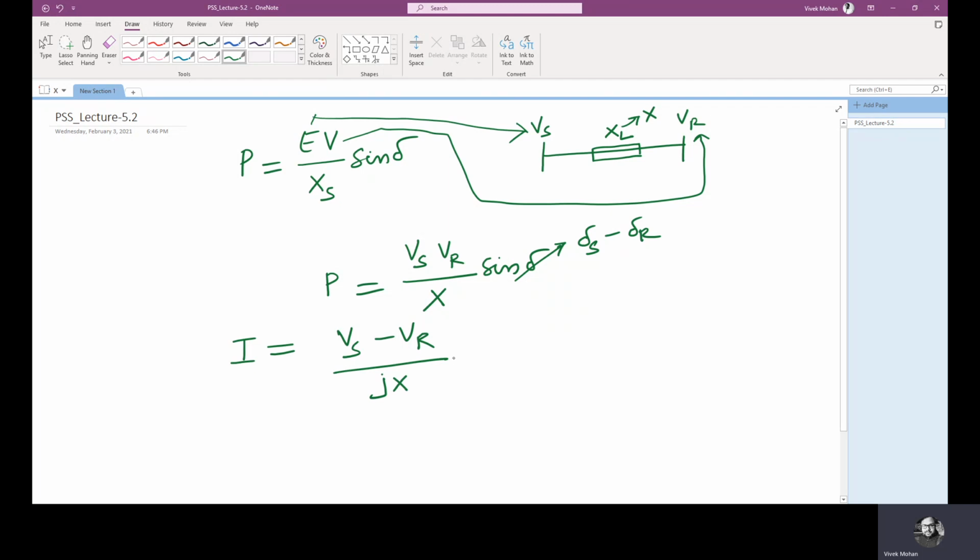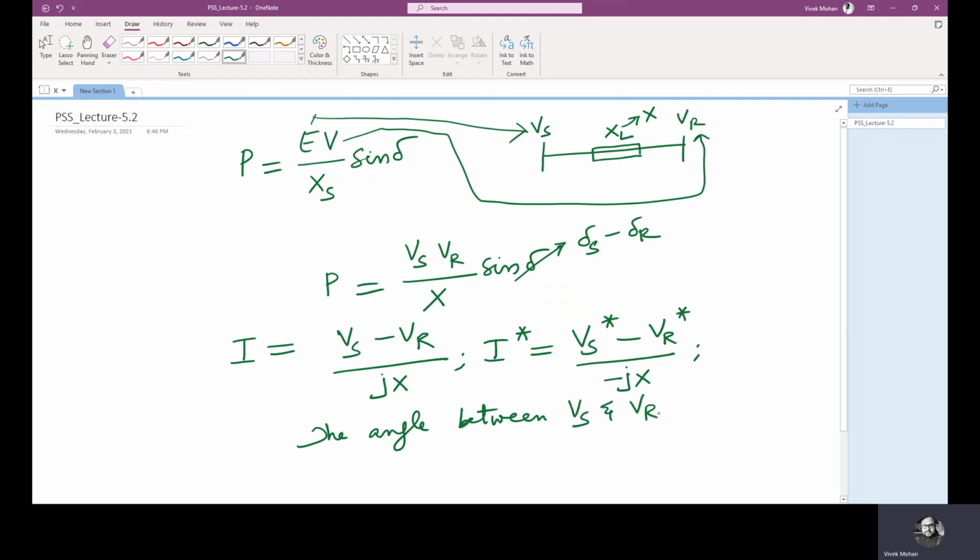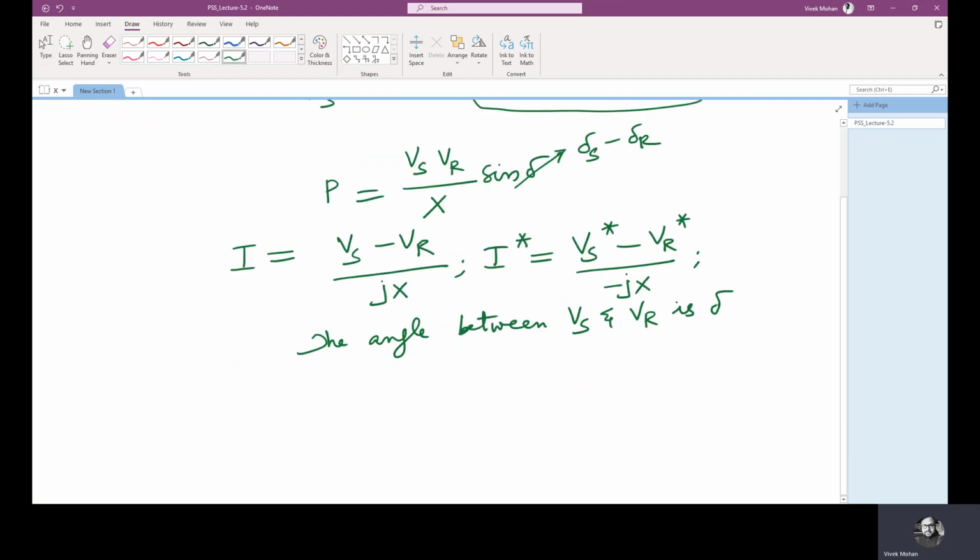So I conjugate equals Vs conjugate minus Vr conjugate divided by, for jX, it will become minus jX. The angle between Vs and Vr is del.